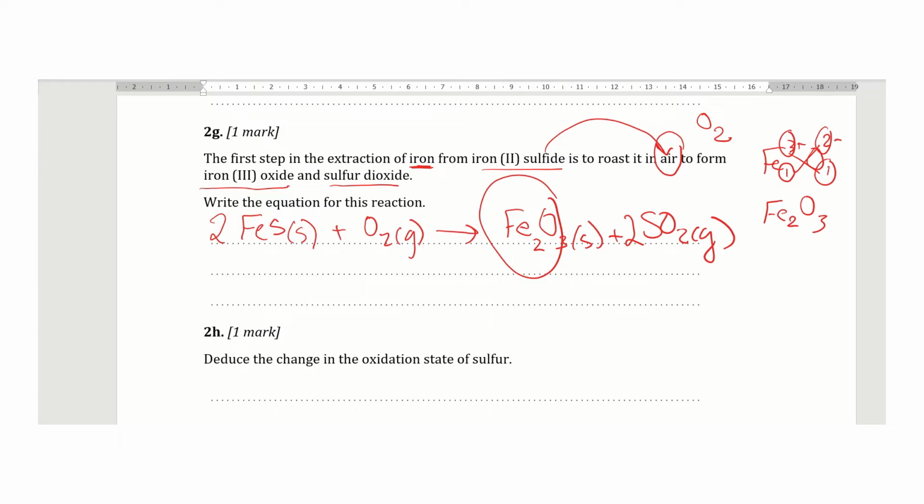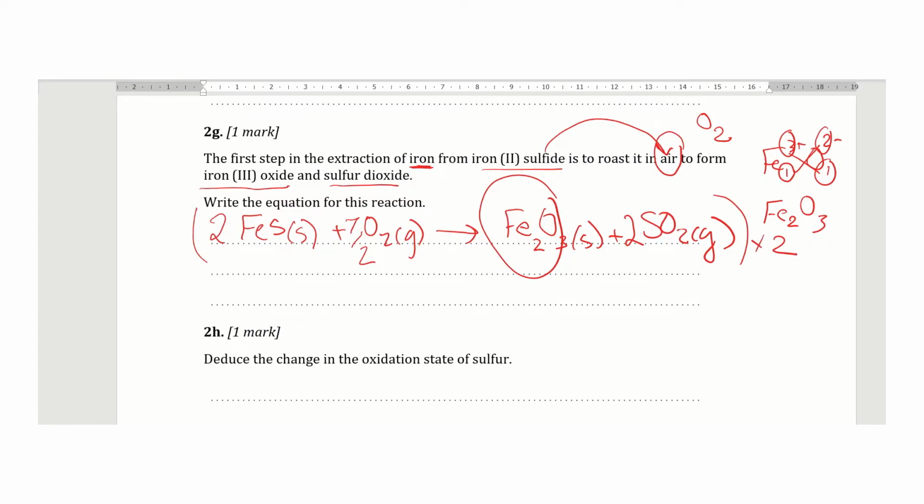I'm left with the oxygen. I have 2 oxygen atoms here, and here I would have 3 oxygen atoms and 4. So 3 plus 4 is 7. So if I do 7 over 2, then that would give me the answer. But knowing I don't like fractions, what I can do to get rid of this 2 is multiply the whole formula by 2.